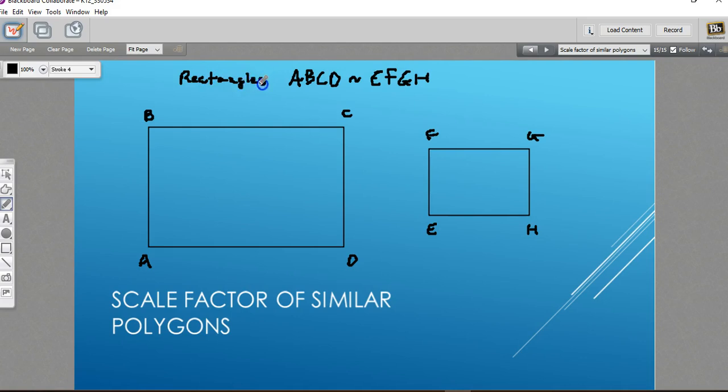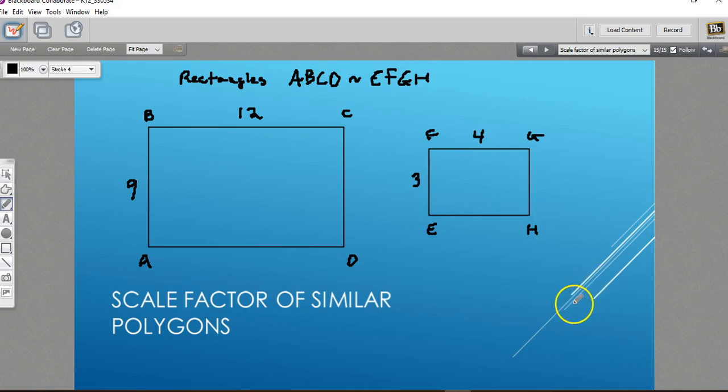And because they're rectangles, we know a whole bunch about them already, right? So let's say that AB is 9 and BC is 12. And EF is 3 and FG is 4. Okay.